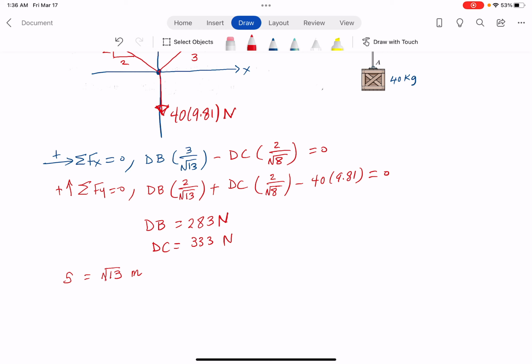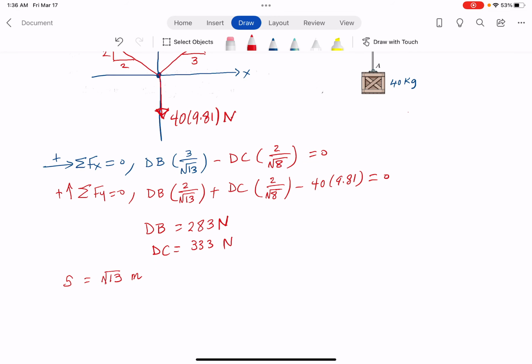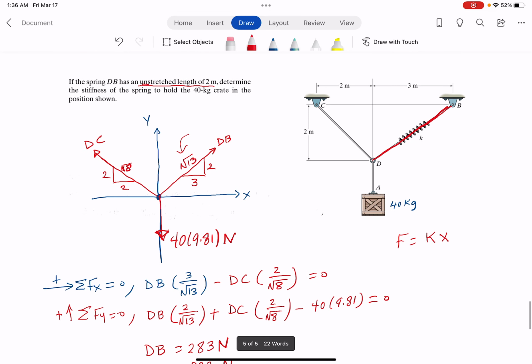Remember, the equation of the spring is force equals K times X, and X is the extra elongation of the spring. But now we have the force, and this is force, of course, DB.